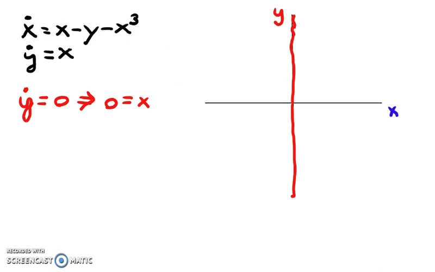So now, what about the x nullcline? Well, the x nullcline satisfies this condition that x dot is equal to 0, and x dot being equal to 0 gives us a slightly more complicated expression than previous. It's 0 equals the right hand side of the first equation, x minus y minus x cubed.